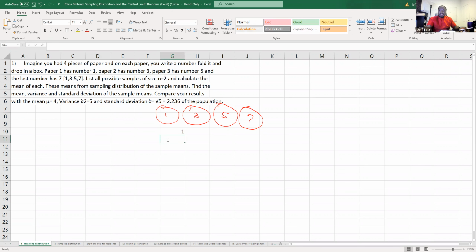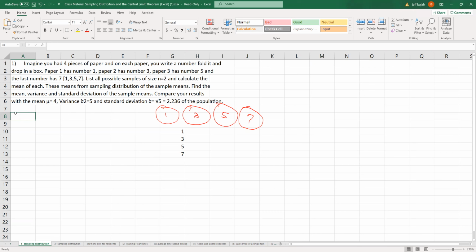Anyone? Reese, what are all the possible numbers we can select here? Like just pick 2? Yes, but you pick one at a time. So you pick a number, you drop it, you pick it again. What are all the possible numbers you can pick?